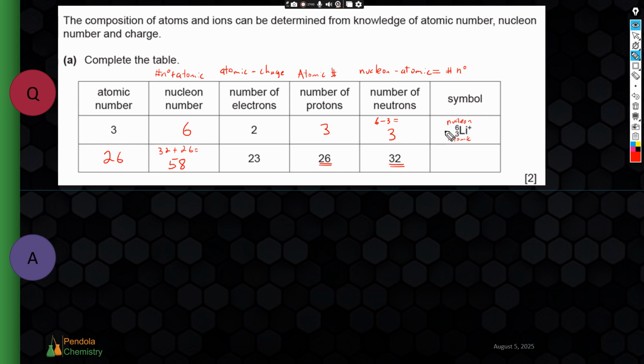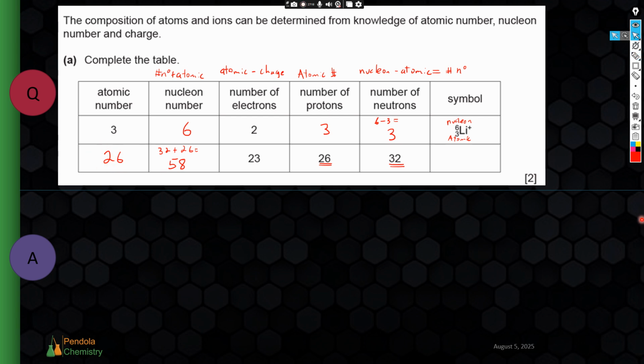Now, for the symbol, this is where we have to put all this information together. The first thing you need to do is figure out what element this is, because we need the symbol of the element from the periodic table. We can figure that out from the atomic number, which is 26.